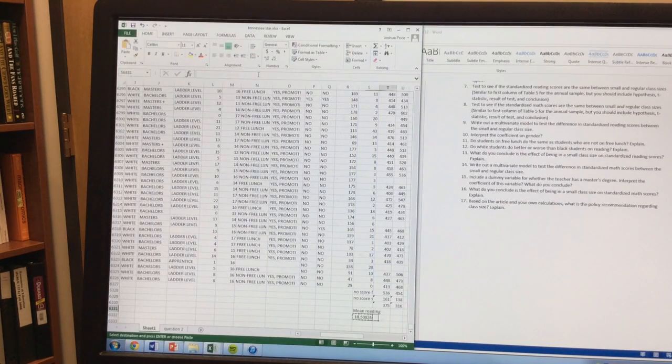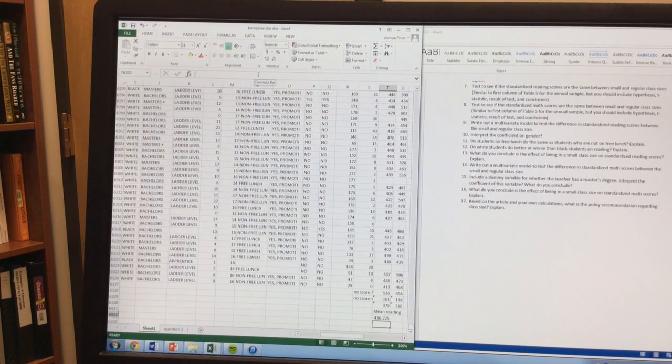Okay, so I'm going to copy, paste, delete, copy, paste, delete. So my mean reading score is 436.725. So a student who got 413 is below the mean, and the person who got 448 is above the mean.